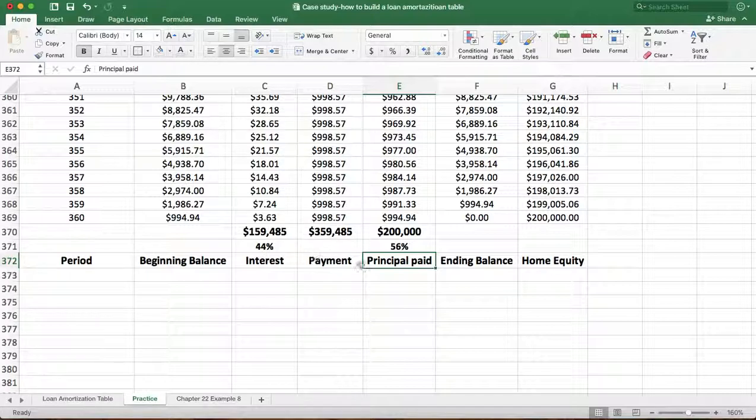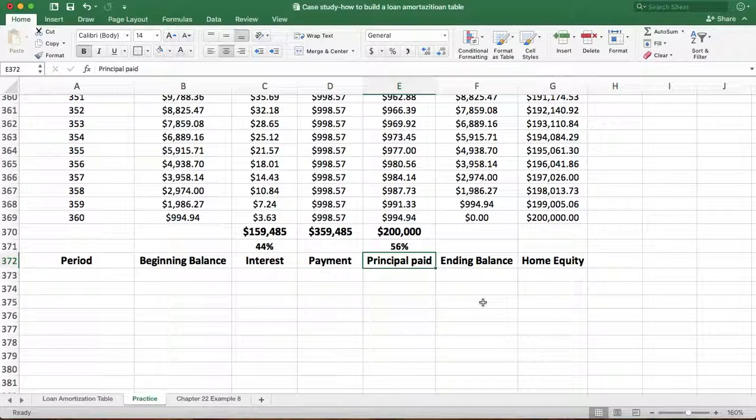Almost half and half. Actually, if you borrow a 20-year mortgage, around one third goes to interest and two-thirds goes to principal.